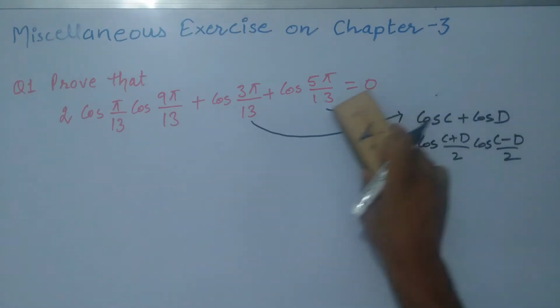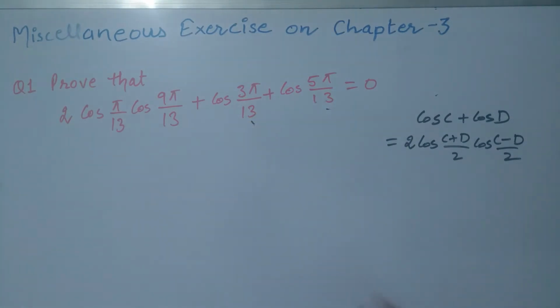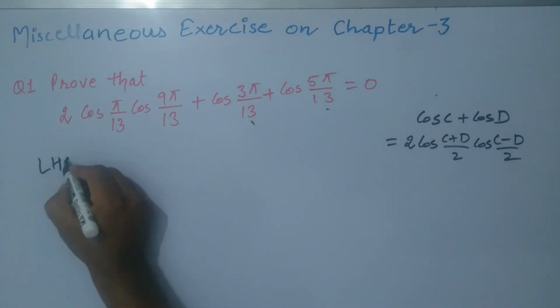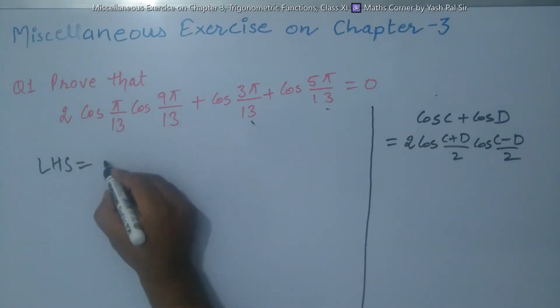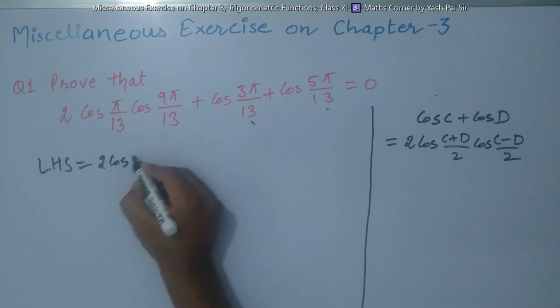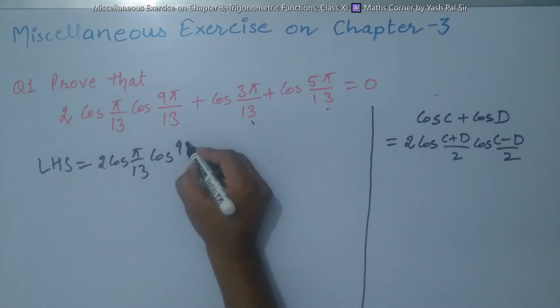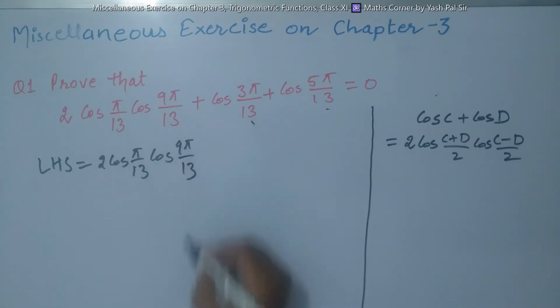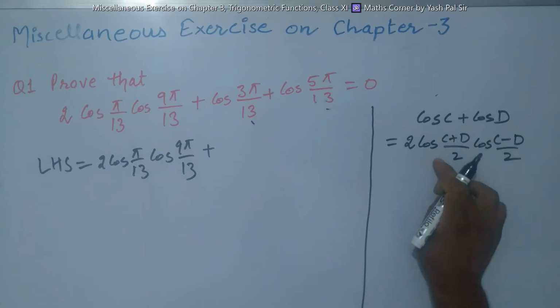So this way we apply here. Left hand side is equal to 2 cos pi upon 13 into cos 9 pi upon 13, no change, but here there is a change according to this formula.